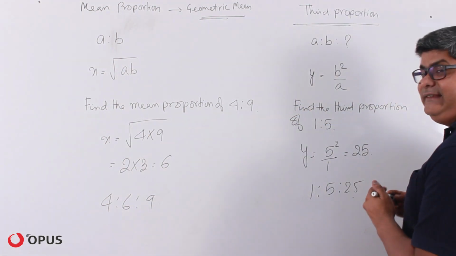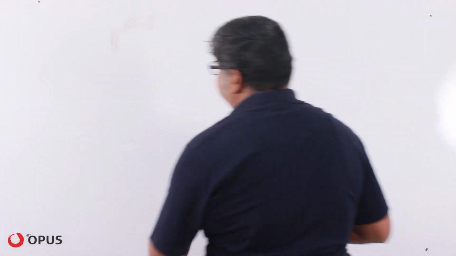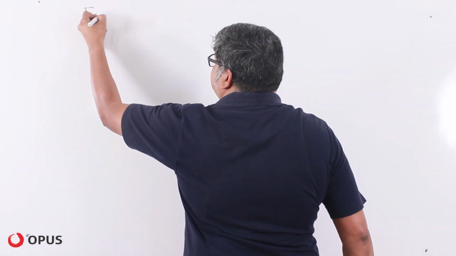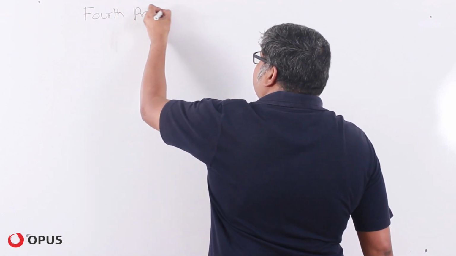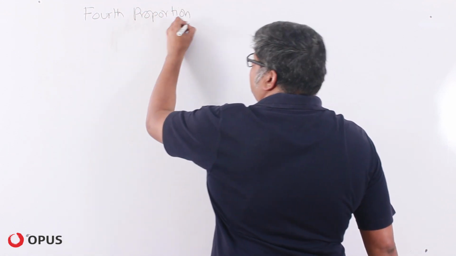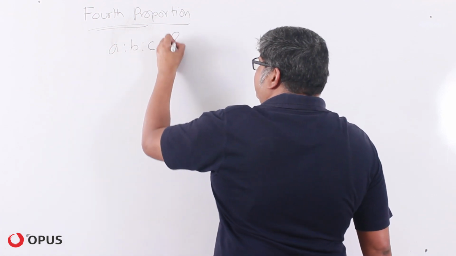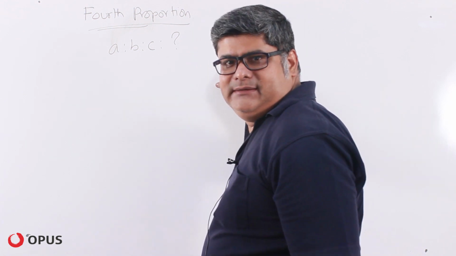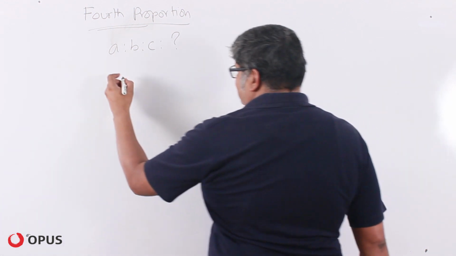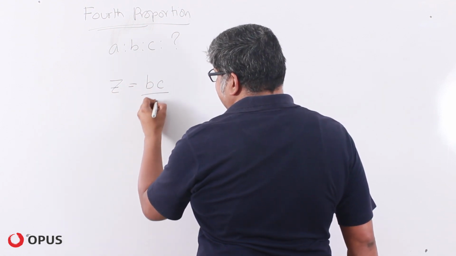Now let's move into the next thing, which is called the fourth proportion. Now what is the fourth proportion? Suppose if you have a is to b is to c, and you have to figure out what should come next to be in proportion to abc. Now here let us take the fourth proportion to be z, which is nothing but b into c by a.